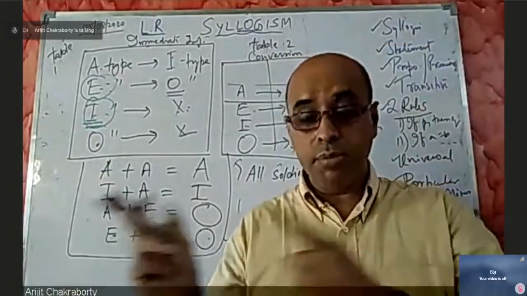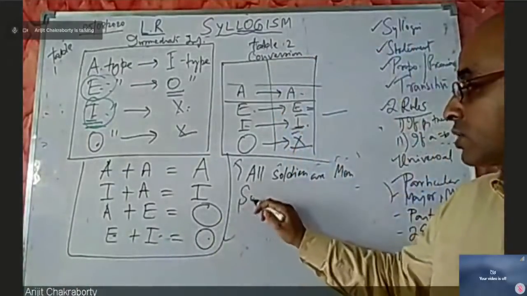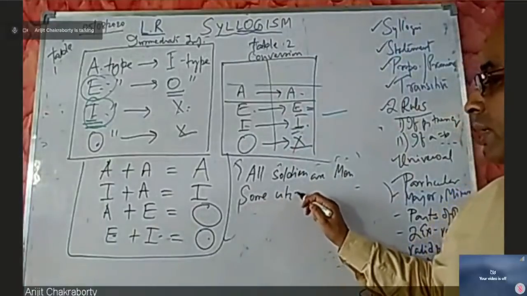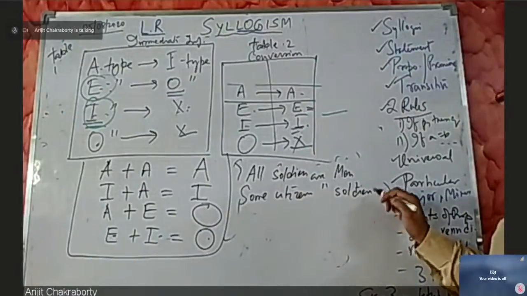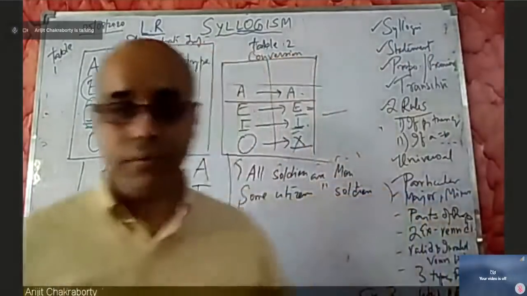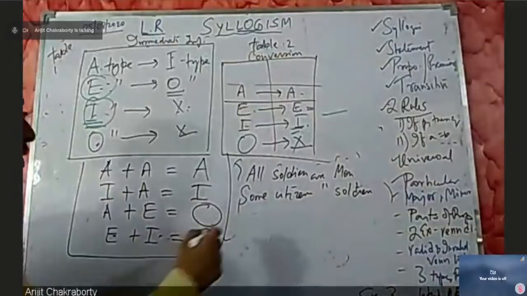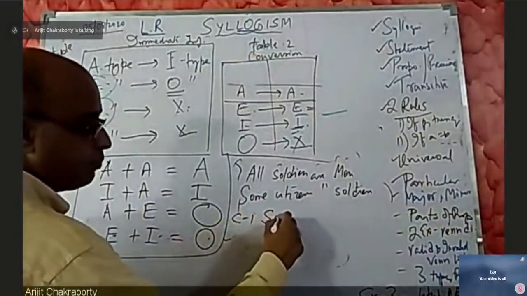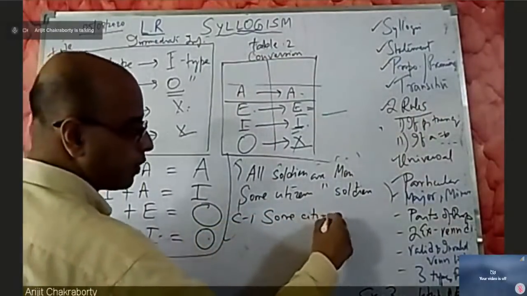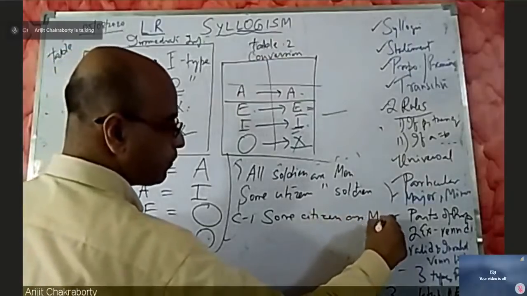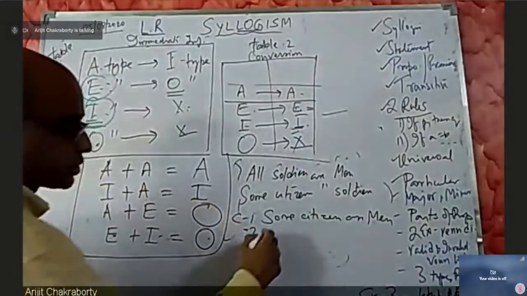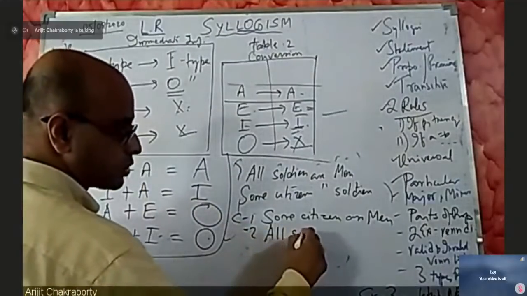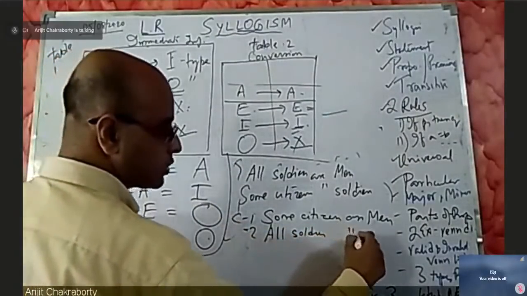Second statement, some citizens are soldiers. The conclusion they have given, some citizens are men. So conclusion 1, some citizens are men. And the second conclusion is all soldiers are citizens.